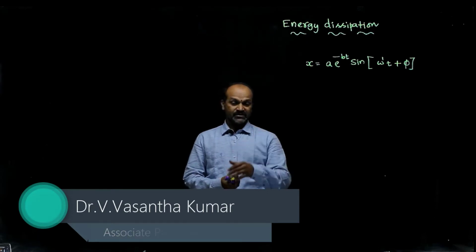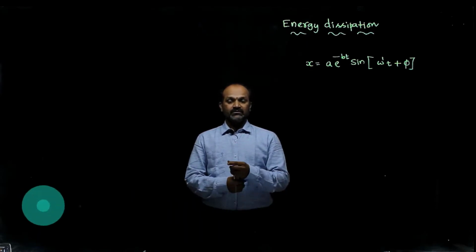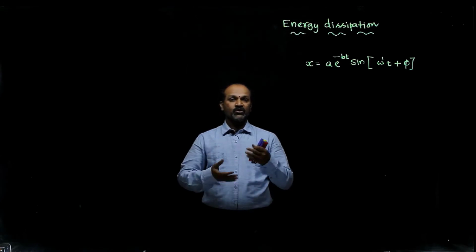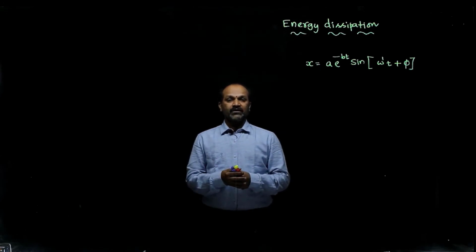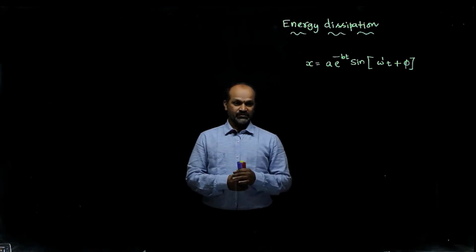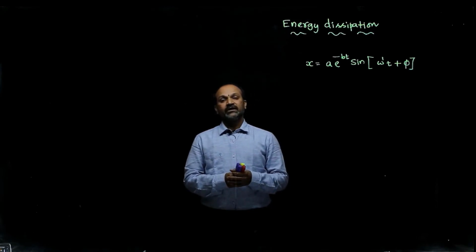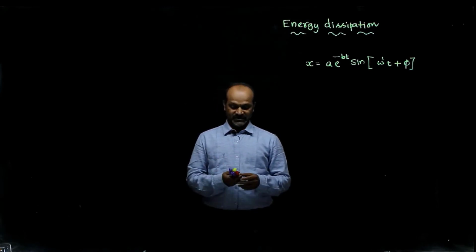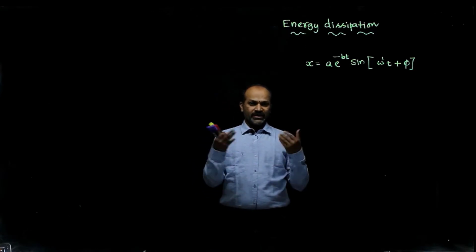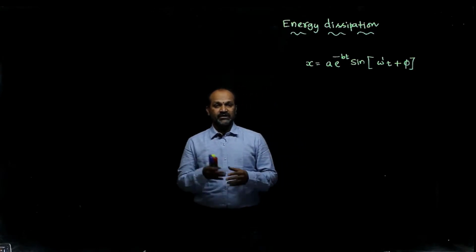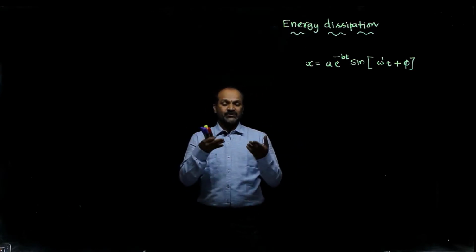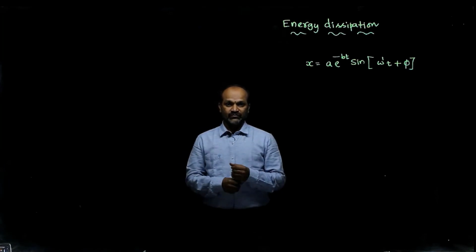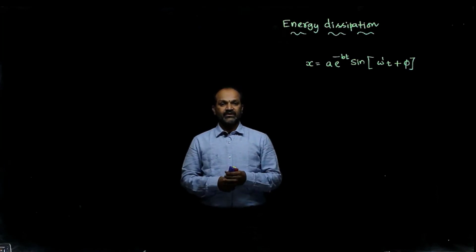Today we'll discuss how energy dissipation takes place in the case of a damped harmonic oscillator. So why does energy dissipate? Generally, damping takes place due to frictional forces of the surrounding media, right?